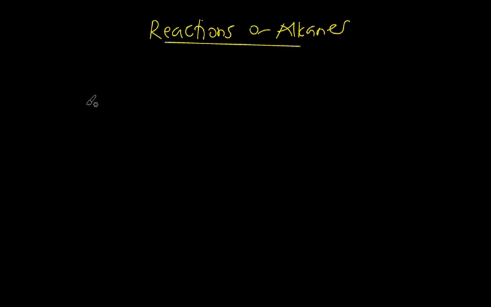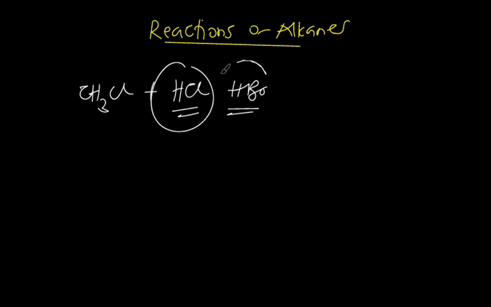What we mean by haloalkane is just an alkane group, let's say CH3, attached to a halogen. This is a typical example of a haloalkane, plus what, HCl or HBr, depending on the type of halogen we use in the reaction. Then we will either be getting HCl or HBr as the byproduct.